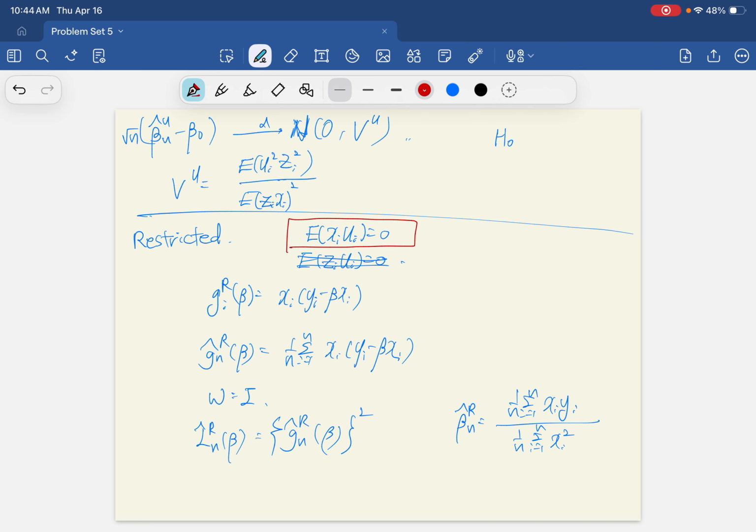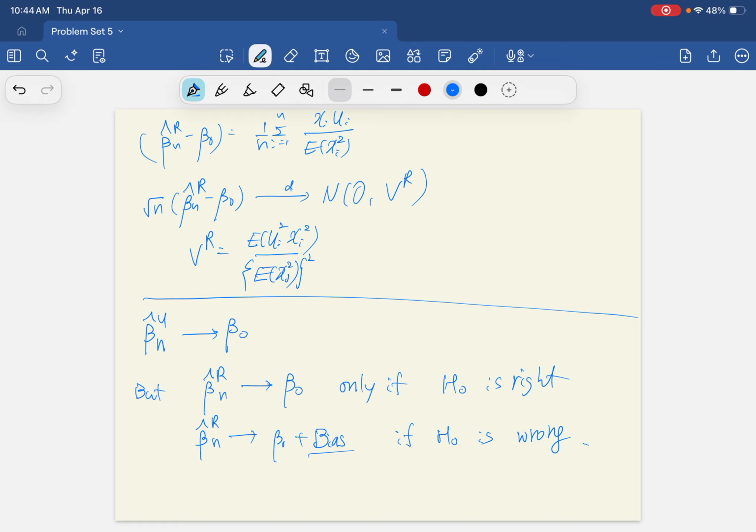So if the moment condition is wrong, there will be bias. We learned misspecification bias in chapter 1.